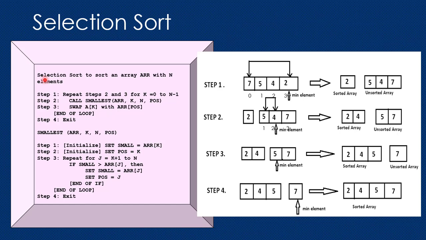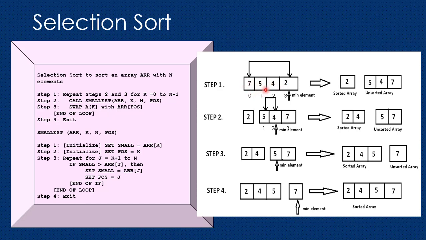Basically your selection sort is just the opposite of the bubble sort. In the bubble sort, every time we bubble the largest element towards the right. Here in the selection sort, every time we select the element which has the smallest value, and we put that in the left.